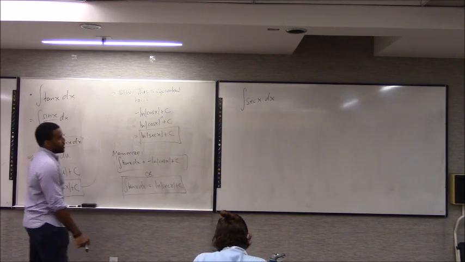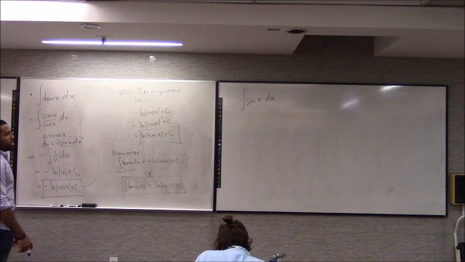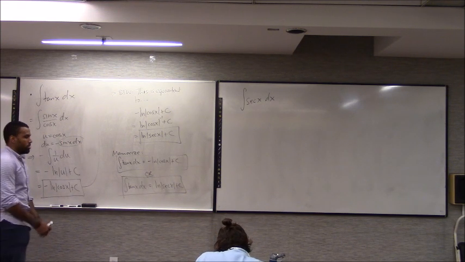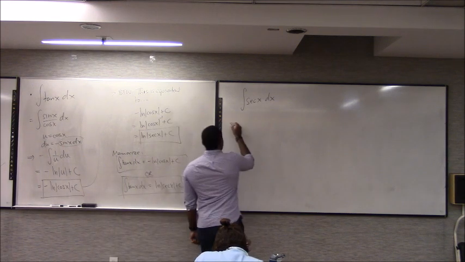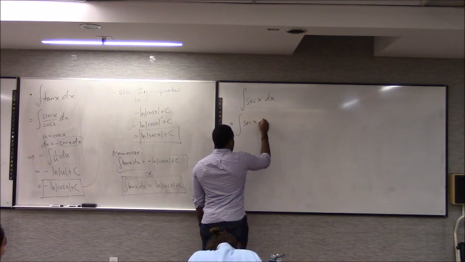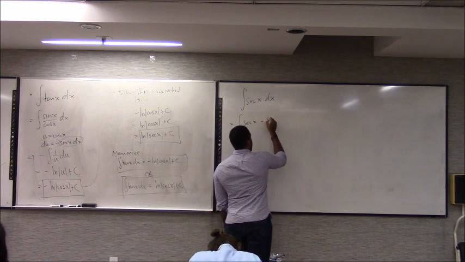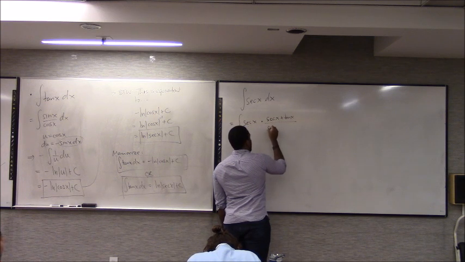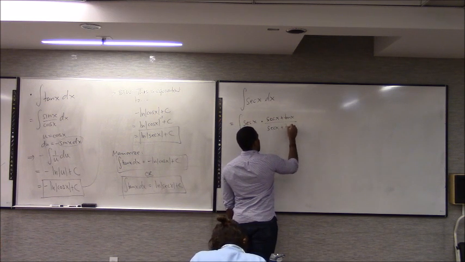But the standard trick here is to multiply and divide by something that at first seems like a very odd thing to multiply and divide by. We're going to multiply by secant x plus tangent x and divide by secant x plus tangent x.